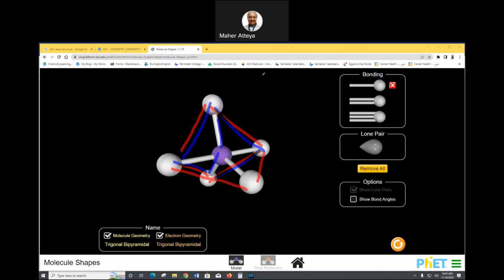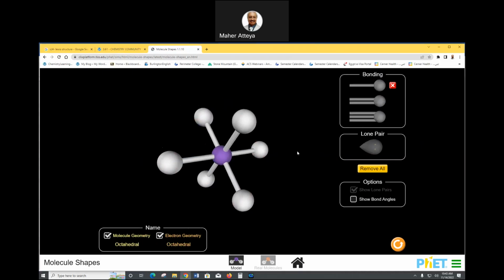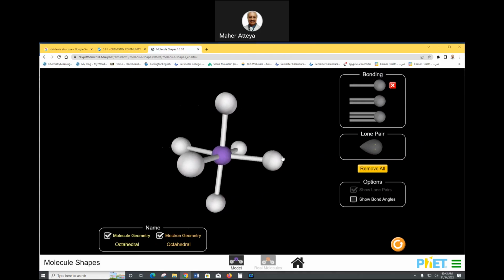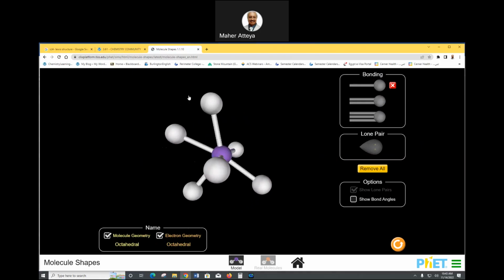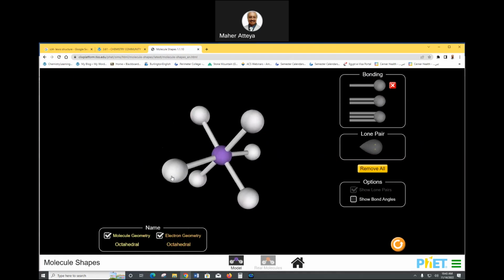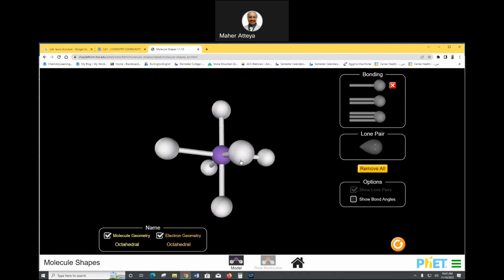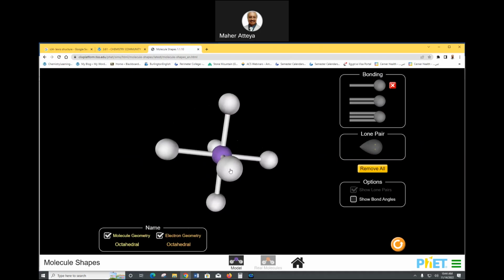How about if I add another one? So here it is. I decided to add another one. What will this be? I can move it all the way. So what is this then? This is octahedral.